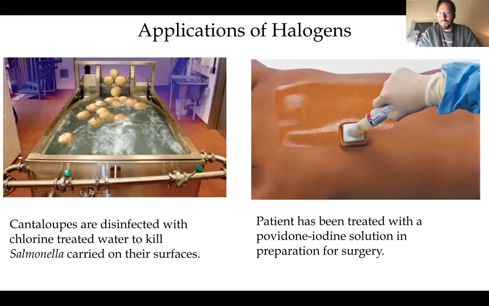And remember, these microbes are everywhere, and it's very easy. As soon as you put that blade on the cantaloupe and you start cutting, now you have bacterial cells on the blade, and then you go into the fruit, and now you've just seeded that fruit with all the bacteria on the outside of the rind. So they'll give them these chlorine baths to kill off the particularly bad stuff that causes foodborne illness.